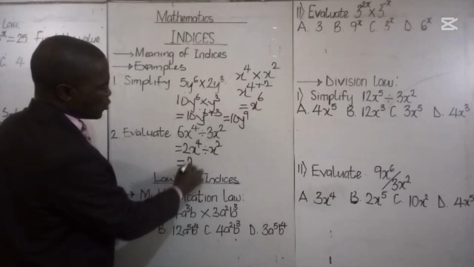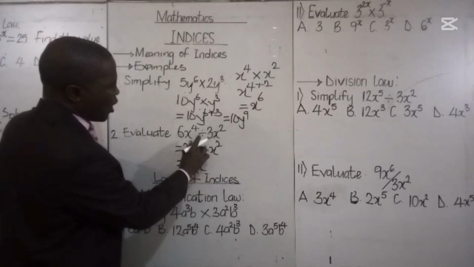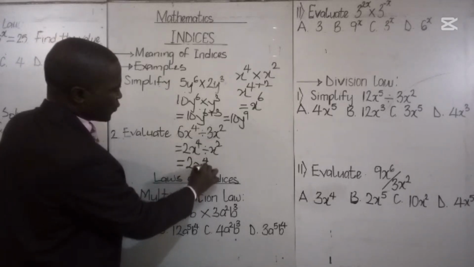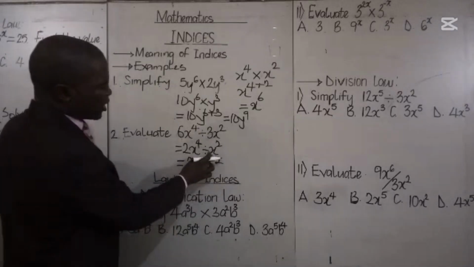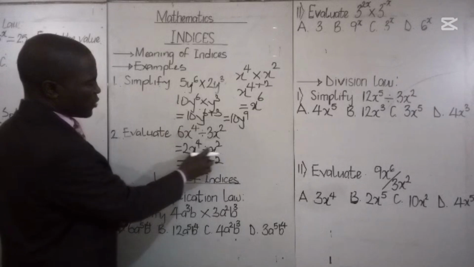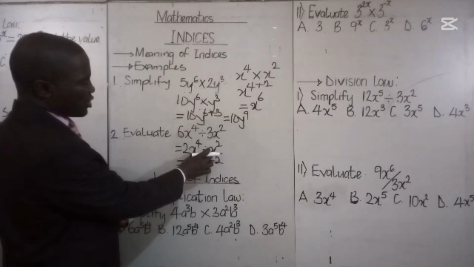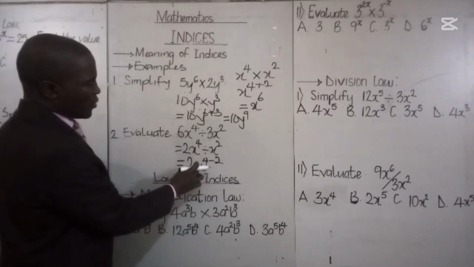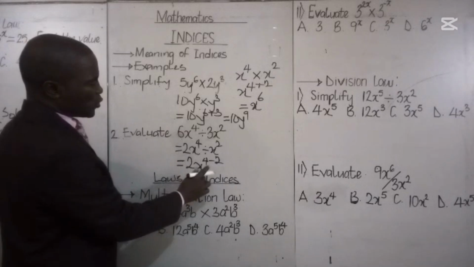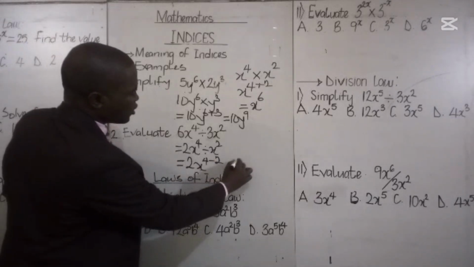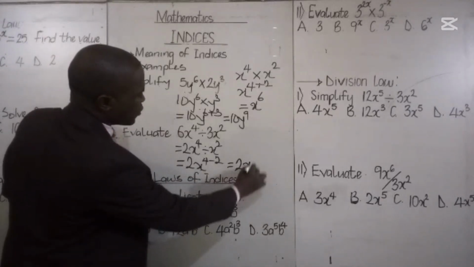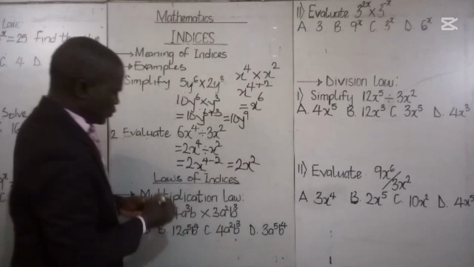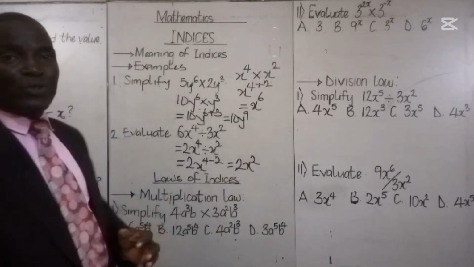It becomes 2x raised to power 4 minus 2. We do that because this expression and this expression, they are similar to each other. So it becomes x raised to power 4 minus 2. And the final answer is going to be 2x raised to power of 2.